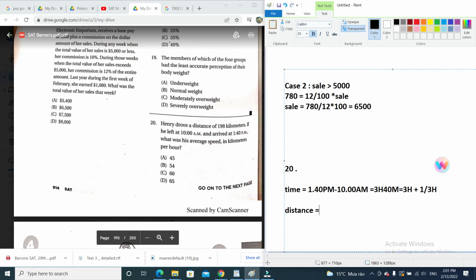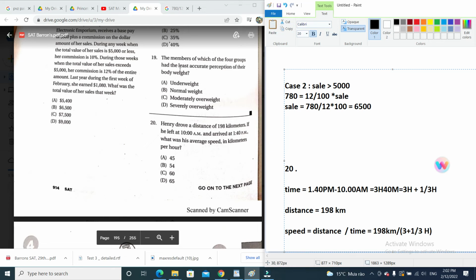was 198 kilometer. So the speed is gonna be distance over time, gonna be 198 kilometer divided by 3 1/3, right? 3 plus 1/3 hour.